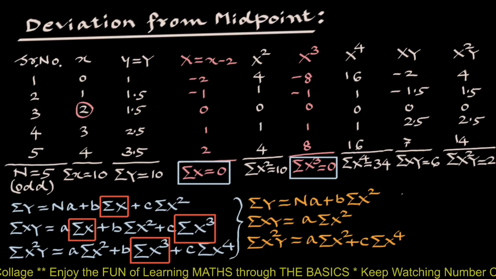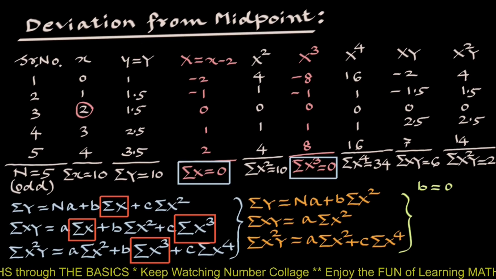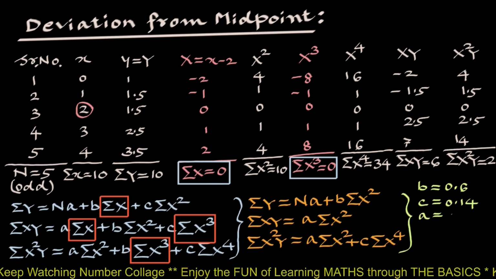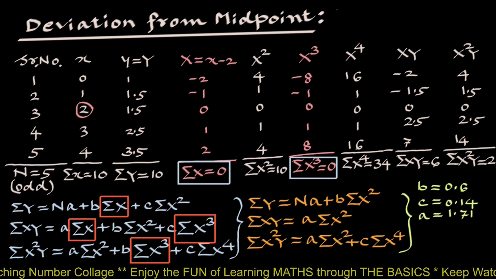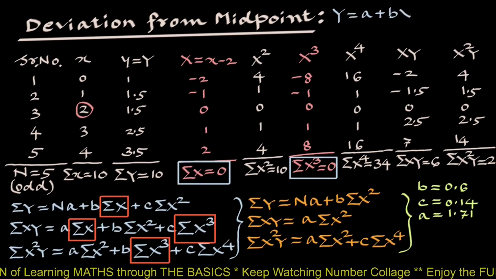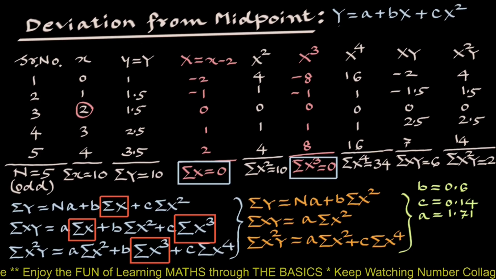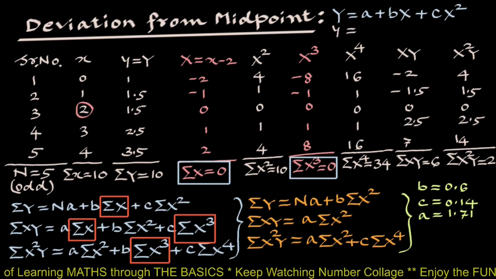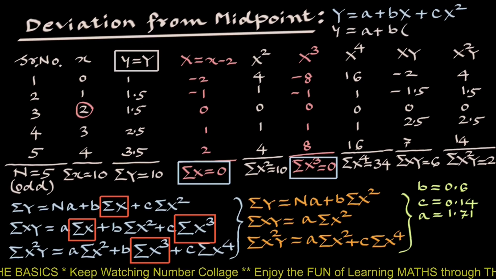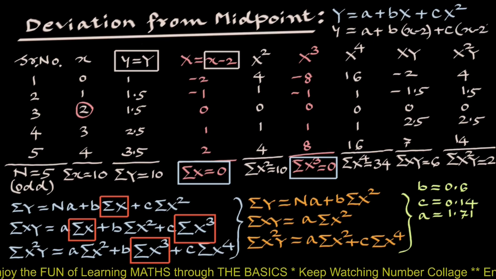Now by putting the values from the table and calculating, we get b equals 0.6, c equals 0.14 and a equals 1.71. Assuming the equation of the parabola to be y equals a plus b capital X plus c capital X square, and putting the values, capital Y is small y, equals a plus b into x minus 2 plus c into x minus 2 square.